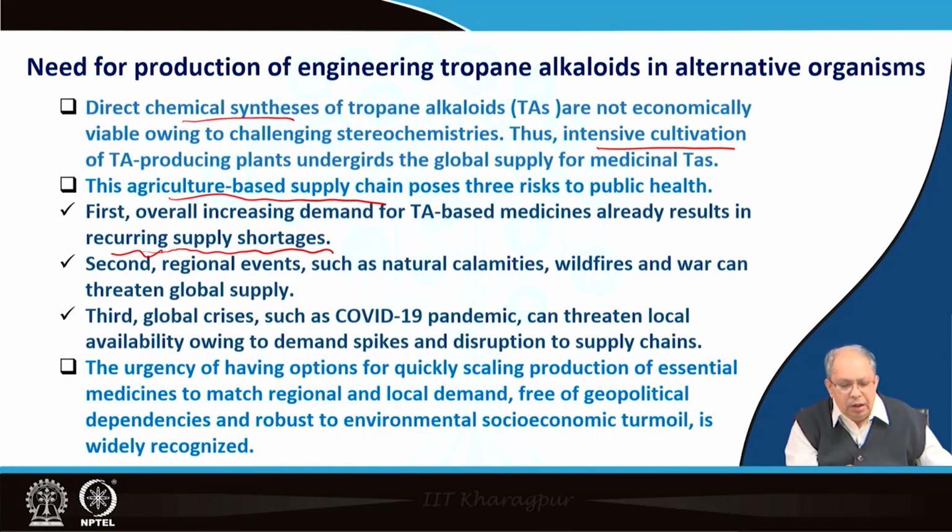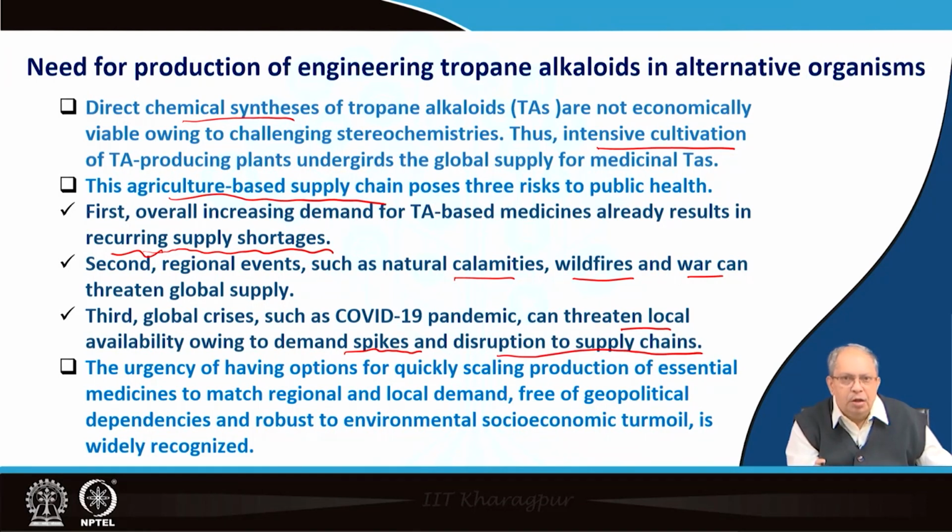Second, natural calamities, wildfire, war can threaten the global supply. And third, a global crisis like what happened a few years back, the COVID-19 pandemic, can also threaten local availability, as a result of demand spikes and disruption of the supply chain.